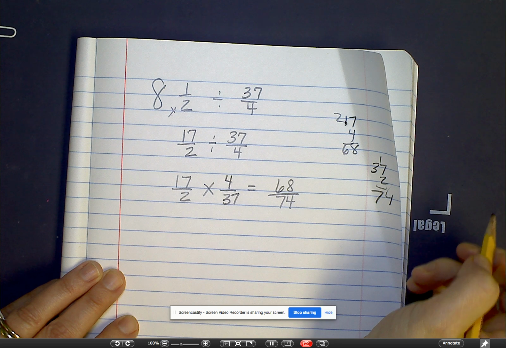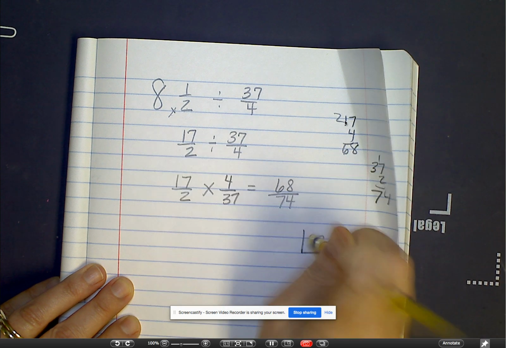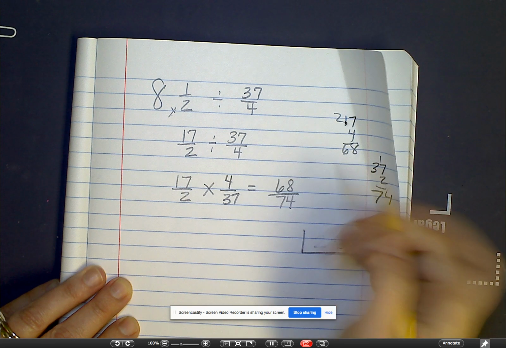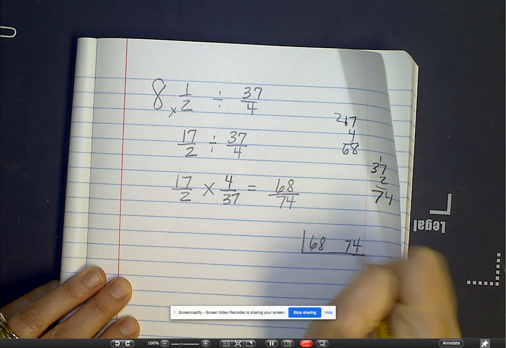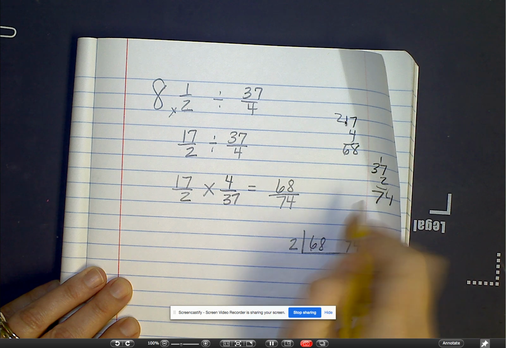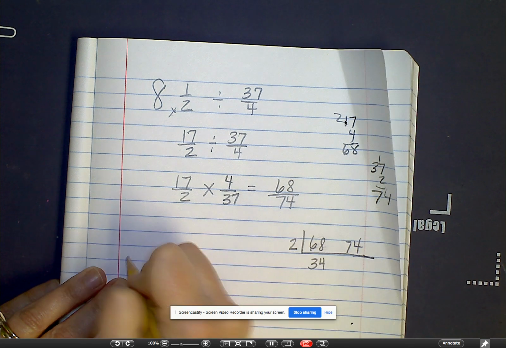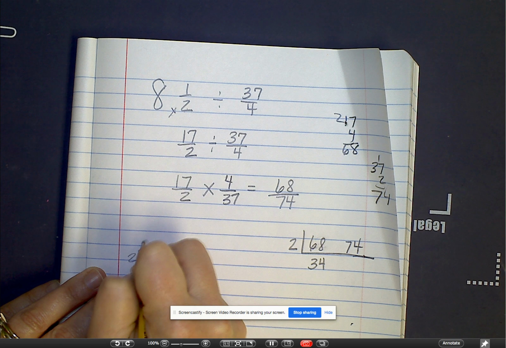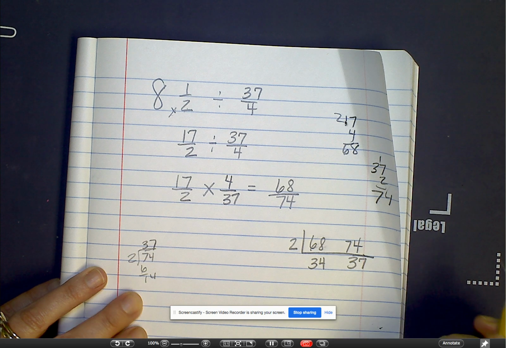Yes. Okay, and I know both of those can go in 2, so I know we're going to be able to reduce that. So I'm going to put it in the ladder, 68 and 74, right? And I'm going to go ahead and start with 2. 2 goes into 68 34 times. 2 goes into 74 37 times.